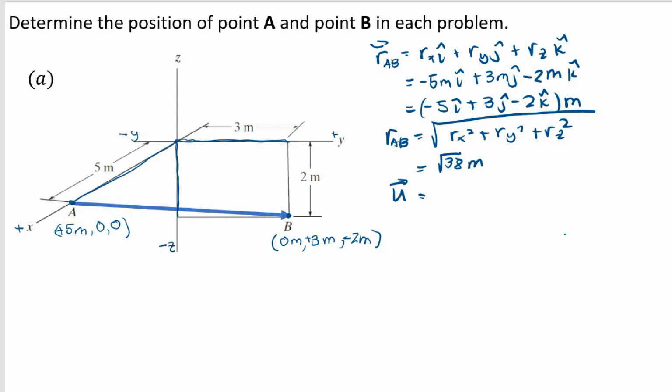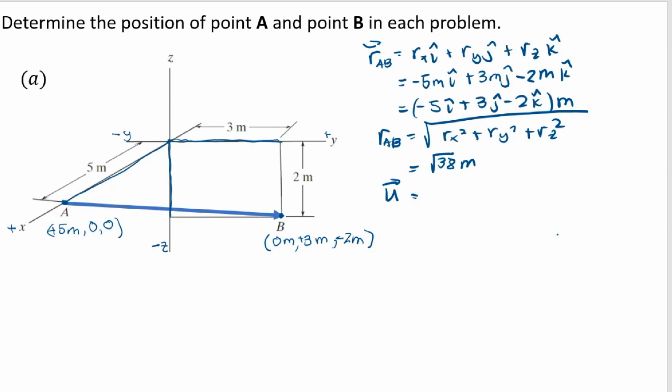If we get the unit vector of that, the formula for the unit vector is just the position vector RAB divided by its magnitude AB. Therefore, that will be negative 5 over square root of 38 i hat plus 3 over square root of 38 j hat minus 2 over square root of 38 k hat, and that will be unitless.